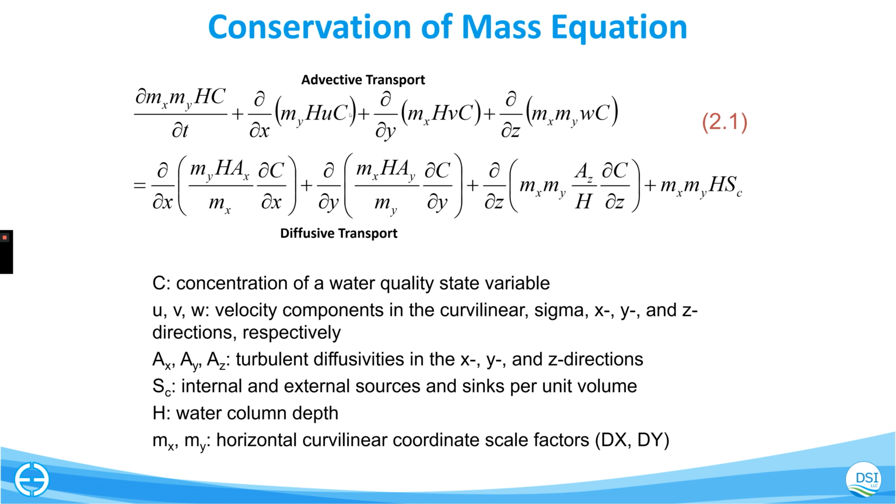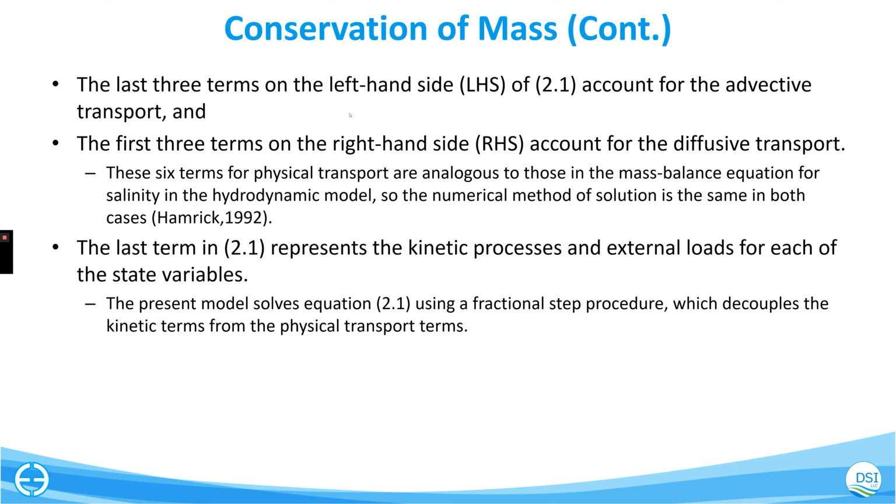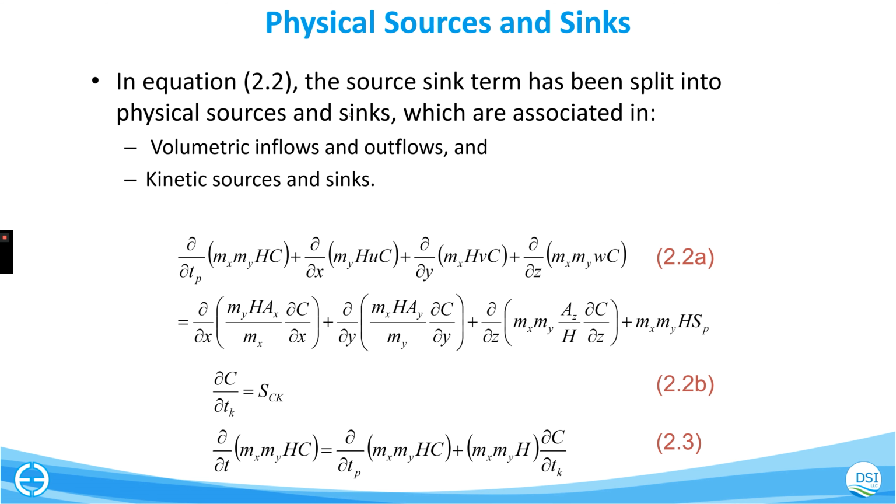It's a fractional step approach for how it solves those equations: diffusive transport, then your kinetic processes, which is what we're going to be talking about. The physical sources and sinks are all your inflows and outflows. It says volumetric, but you've also got your atmospheric loadings in addition to inflows and outflows.